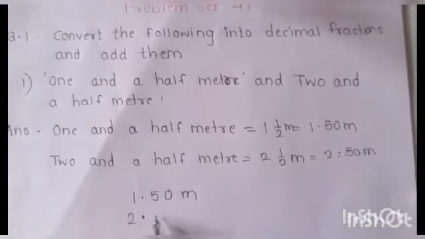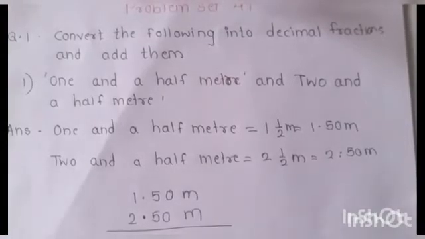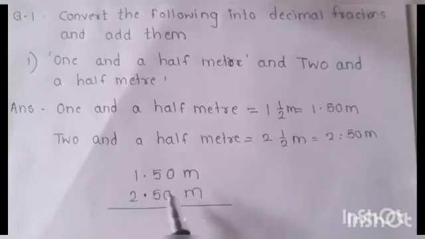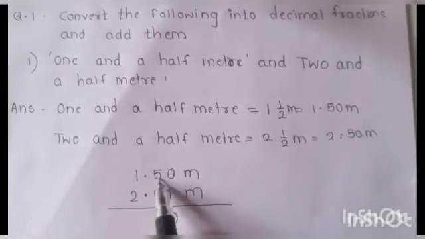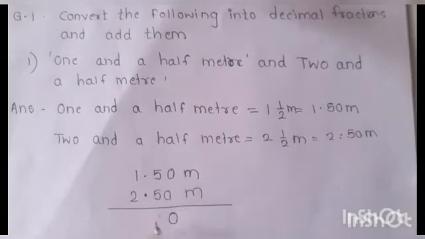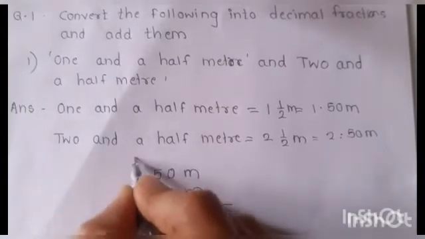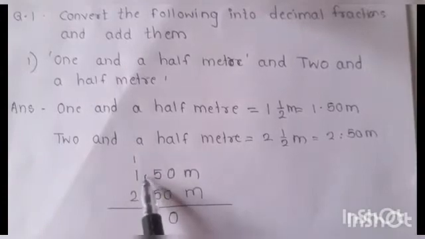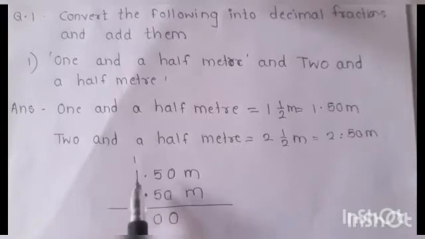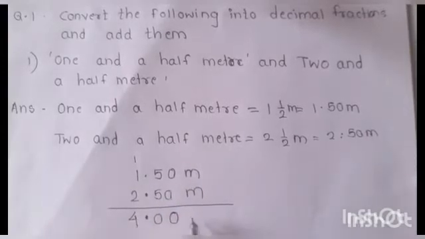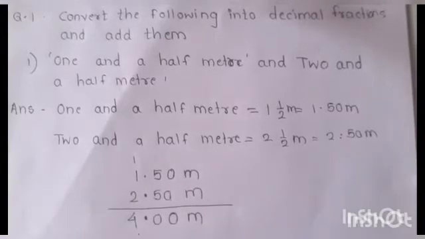Now we will do the addition. 0, we know 0. 5 plus 5, 10. Carry 1. Point under point, so you will put the decimal point here. 4. So 4.00 meter.